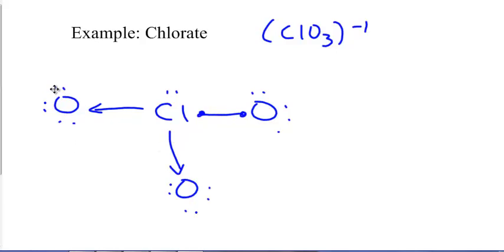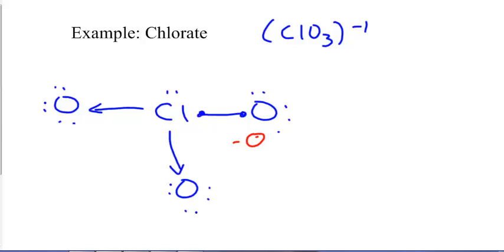This oxygen, 8. This oxygen down here, 8. And this oxygen over here, 1, 2, 3, 4, 5, 6, 7. So this one does not have a full octet yet. It can't take a coordinate covalent because that would give it 9. So again, we get a negative charge for chlorate because of that extra electron that comes in.